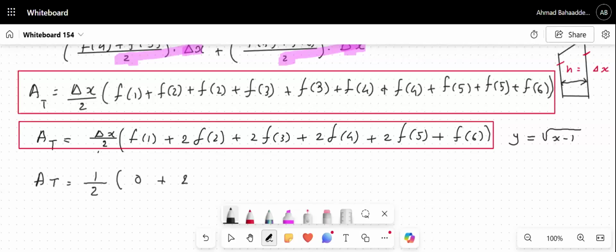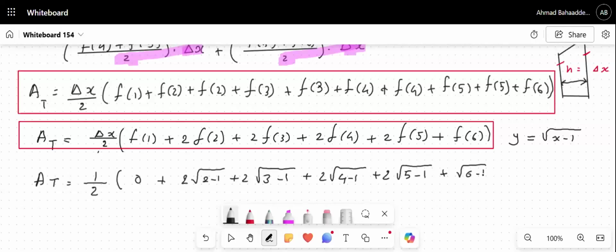So it is 2 times the square root of 2 minus 1, plus 2 times the square root of 3 minus 1, plus 2 times the square root of 4 minus 1, plus 2 times the square root of 5 minus 1, and plus only the square root of 6 minus 1.